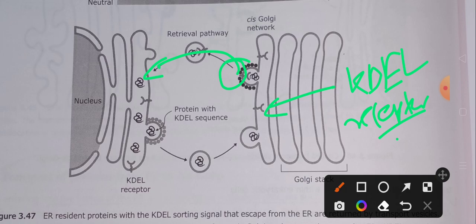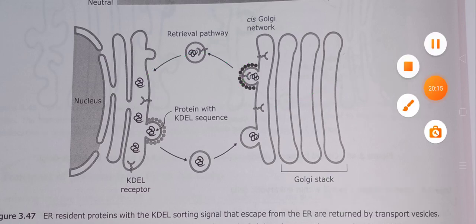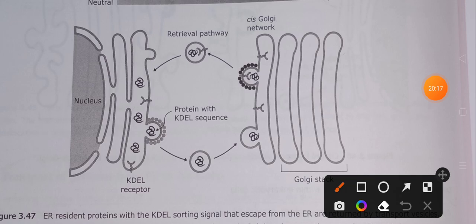Now, what is the evidence that supports this theory? There are various experiments done by scientists that support this theory. For example, they removed the KDEL sequence from the resident proteins, and with the help of recombinant DNA technology, they added the KDEL sequence to the export proteins.